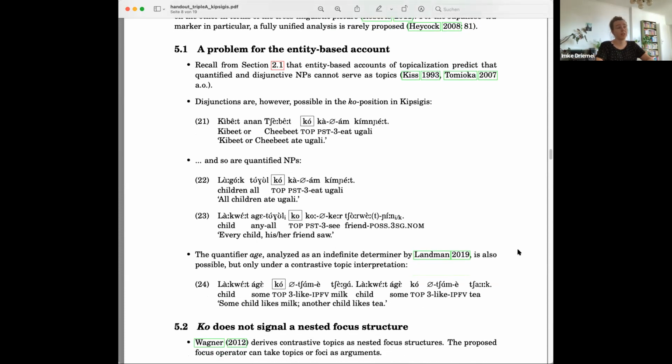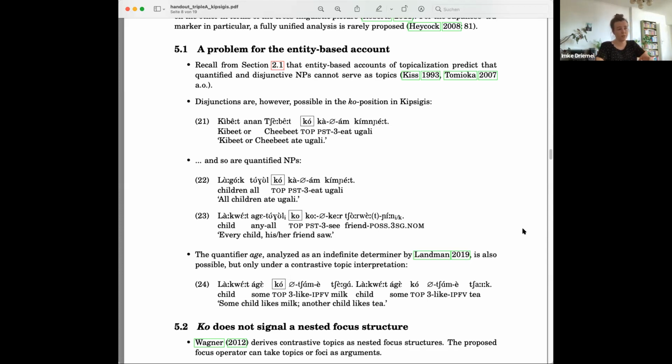in Kipsigis, right? So look at 21, Kibet or Chebet ate ugali, that's fine in the co-position. And so are quantified NPs. So all children ate ugali, and 22 is fine, every child her friend saw, also fine in the co-position. And the one quantifier, age, that does make a difference between whether it needs a contrastive reading or an aboutness reading, is something we haven't really had an account of yet.